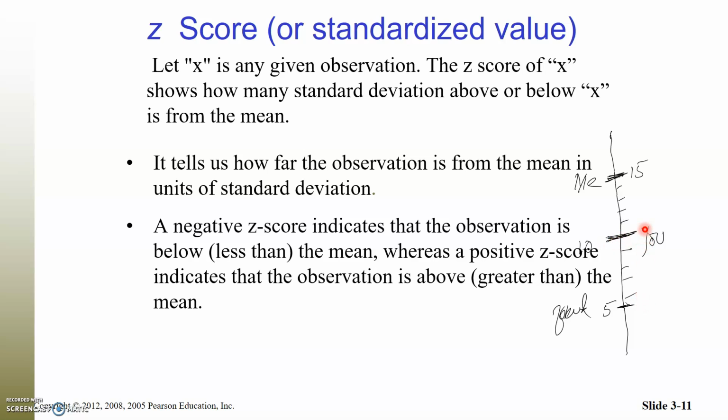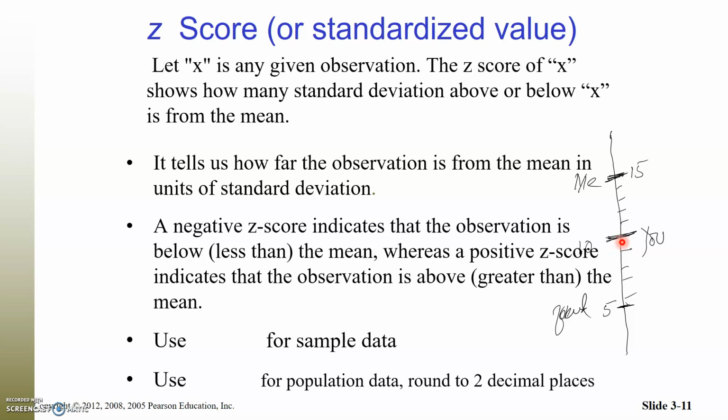And if the z-score is 0, the observation is actually the mean itself. So that's how it tells you the position of an observation with respect to the mean, whether a value is above or below the mean, and how many standard deviations. The yardstick is the standard deviation.